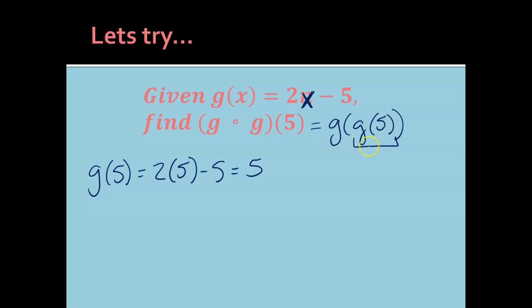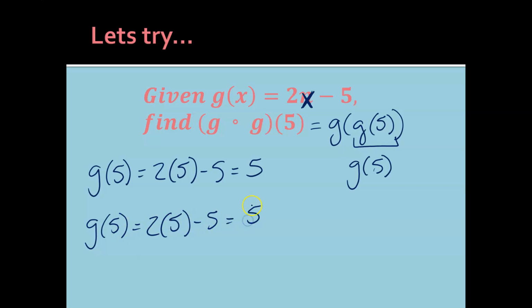So I'm going to replace g of 5 with 5, and I get to find g of 5 again. And so this is one of those coincidences where your answer is the same thing. Okay? That doesn't happen all the time with the same function. It just happened to happen with this equation, okay? Which is fine. All right? An answer is an answer.